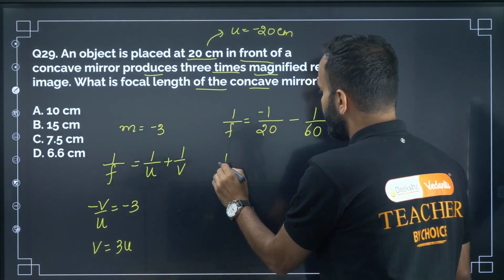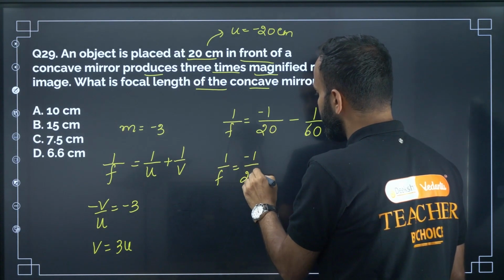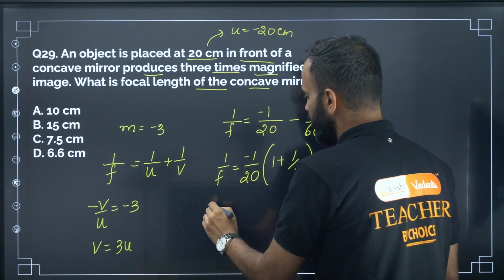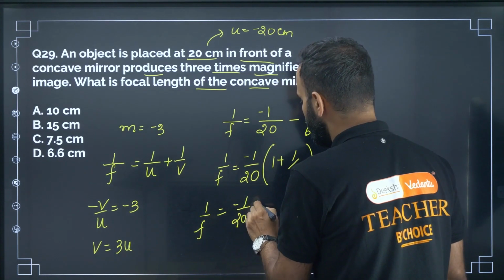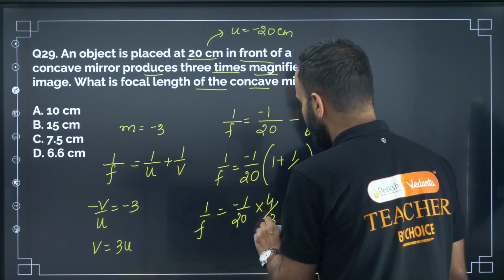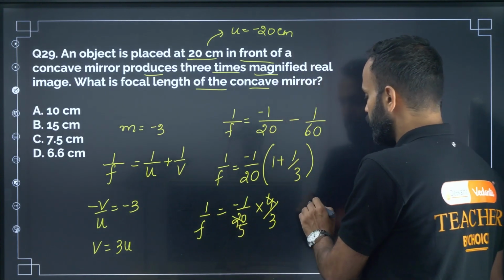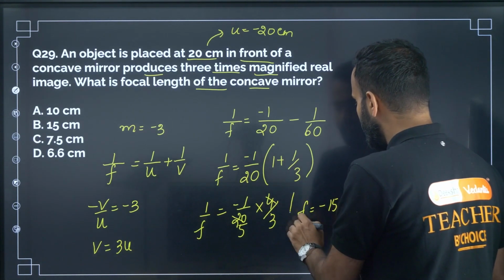So 1 divided by f equal to minus 1 by 20 common, so this will be 1 plus 1 by 3. 1 plus 1 by 3 is 4 by 3. So 1 divided by f is equal to minus 1 divided by 20 into 4 by 3. 4 5s are 20, 5 into 3 is 15. So f equal to minus 15 centimeter.